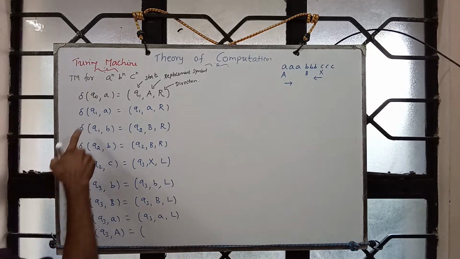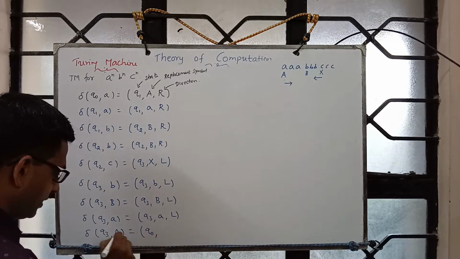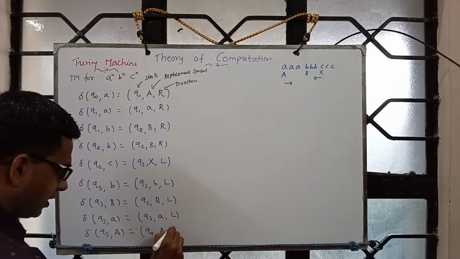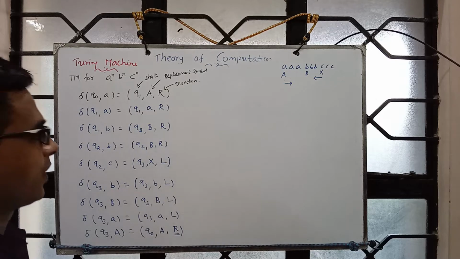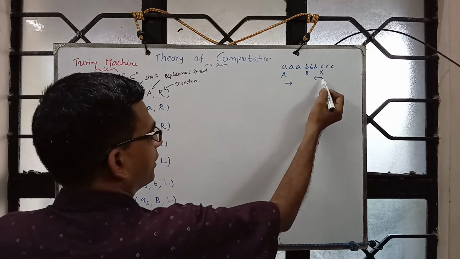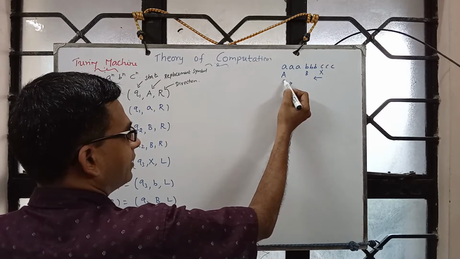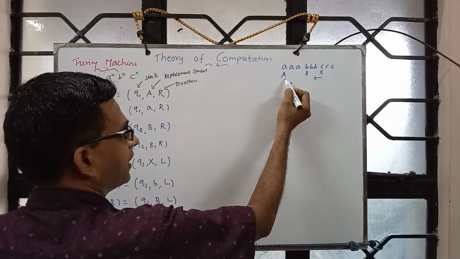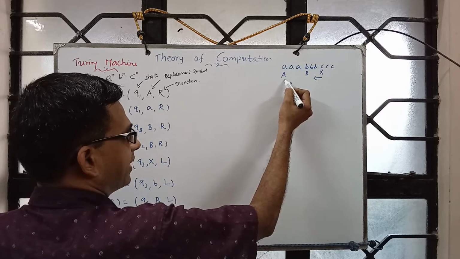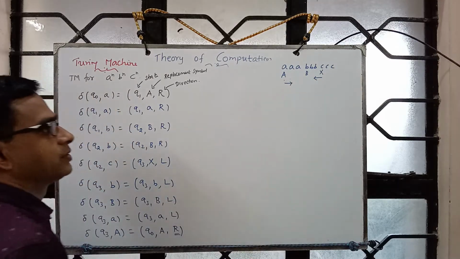So if you want to start this procedure, you should go to Q0 and this A remains A, and let me change the direction to R. So what have we done? With the help of Q3, we start moving left until we hit the leftmost capital A. The moment we hit leftmost capital A, we change our direction to right and then continue this process.